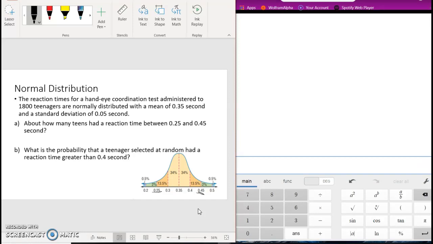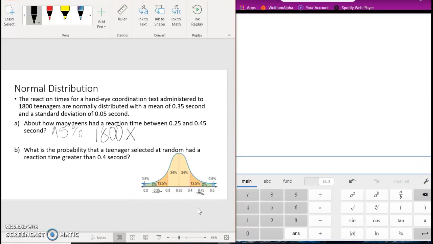Both of those values are two deviations from the mean, and we know based on the previous set of notes that the area under the curve that is two standard deviations from the mean represents 95% of the data. So we're going to take 1,800 and multiply by 95% to get the number of teens that had that reaction time.